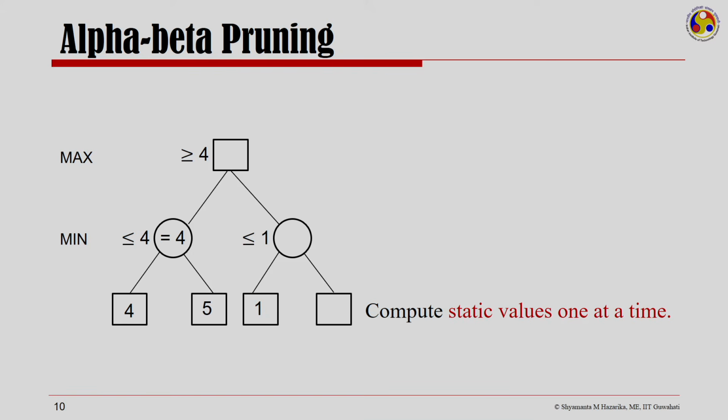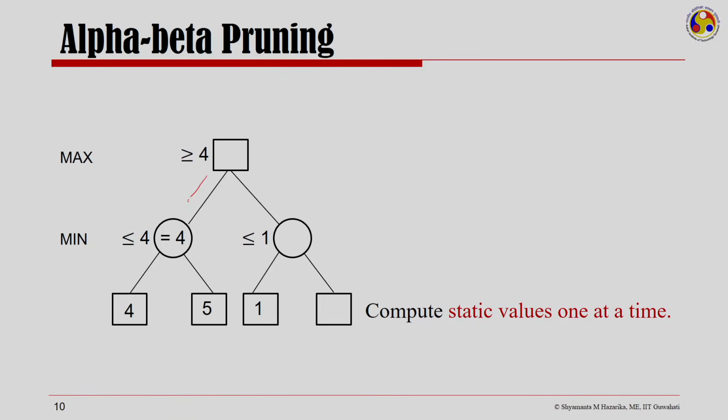This is where a little introspection will make us realize that on this side on the left, if Max wanted to go, he would have at least 4. 4 or something greater than 4 is what his current value is.